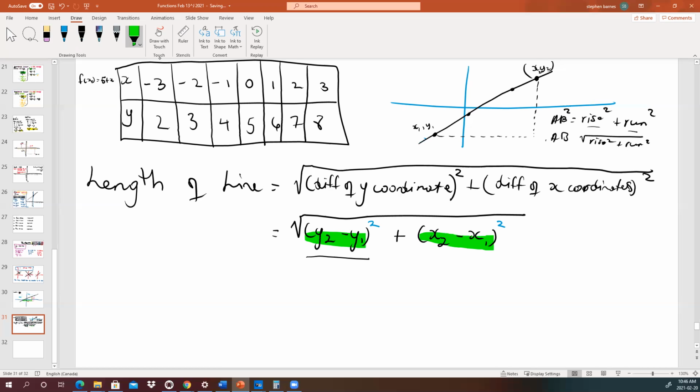All right, that's just some background to this formula. So the formula that you would use is the root of y2 minus y1 squared plus x2 minus x1 squared, right? So I'm just going to do an example so that you can understand where we are coming from.